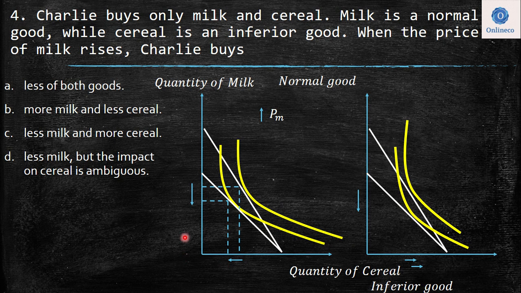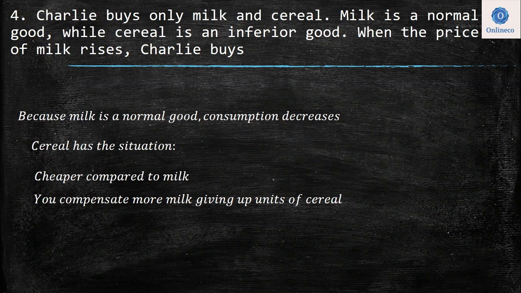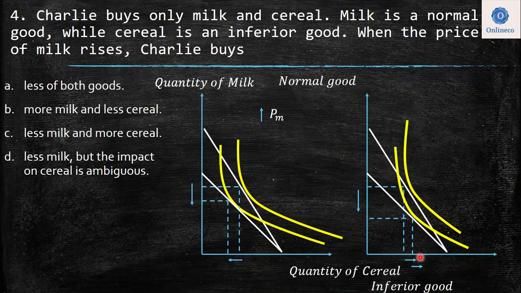That's one case. But imagine another situation where we have the maximization and then the price changes. The budget constraint moves exactly the same as the previous one, but due to the shape of the indifference curves, there is an increase in the consumption of cereal.